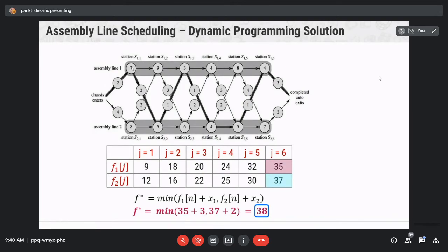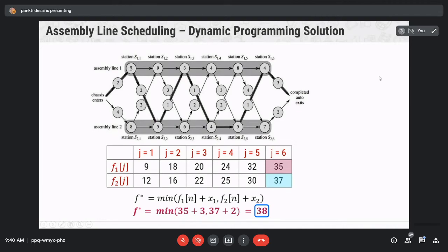Now next is station 2. If we go from S11 to S12, then the required time is 80. But if we go from S11 to S22, the required time is 16. So which is the fastest route? S11 to S22.